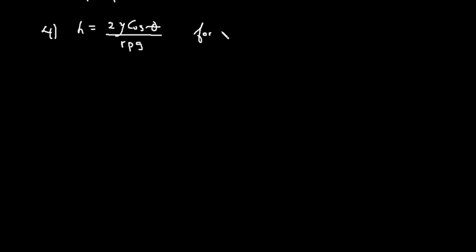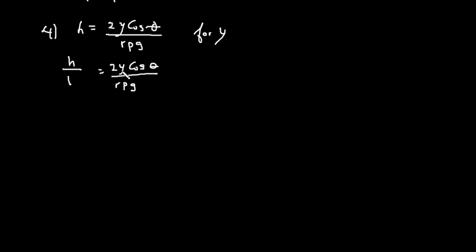So we write for gamma. How do we make gamma the subject of the formula? We see at the right side of the equation we have a fraction, so our aim is to make the left side a fraction also by writing h over 1. It's the same as h. So now that we have a fraction on both sides of the equation, 2 gamma cos theta divided by r rho g, now we can cross multiply.